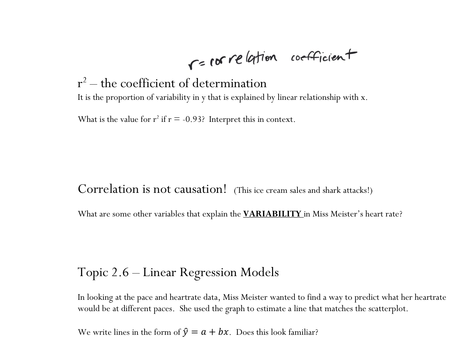All right. So what would the value for r squared in this case be? Like, what would we need to do? If r was equal to negative 0.93. Yeah, you're just going to do negative 0.93 squared.